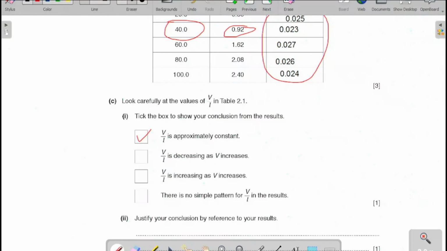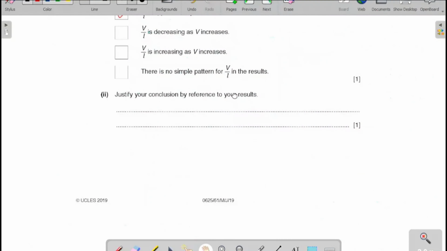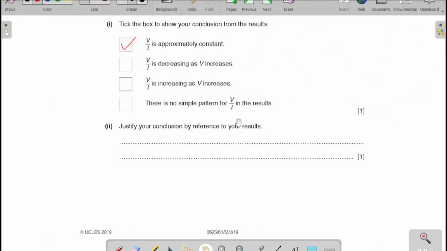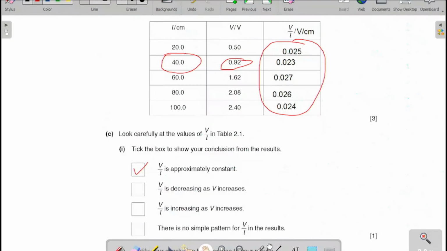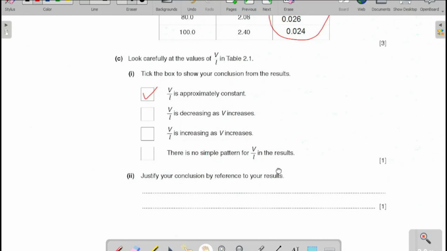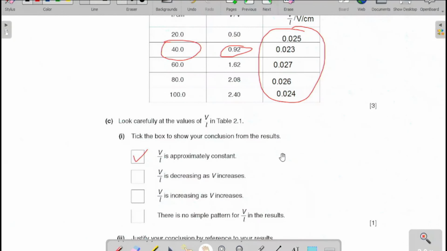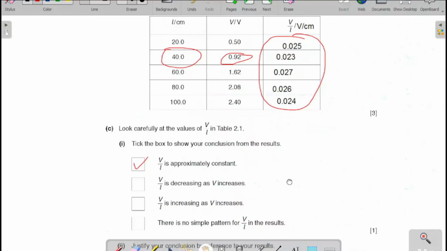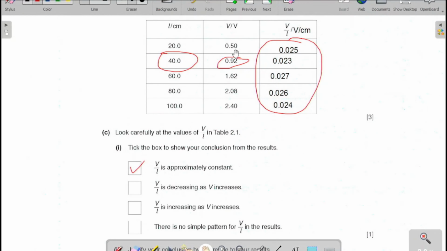Now, let's look at the next one. Justify your conclusion by reference to your results. Looking at the results, they are so close. For the first one, V over L is 0.025.